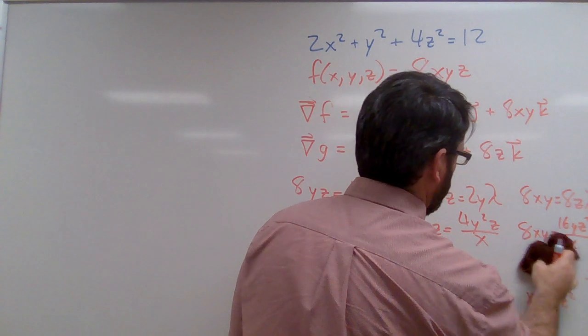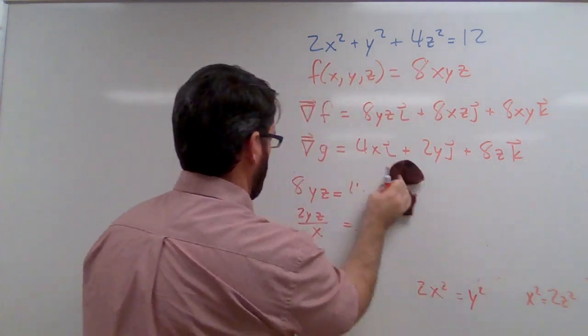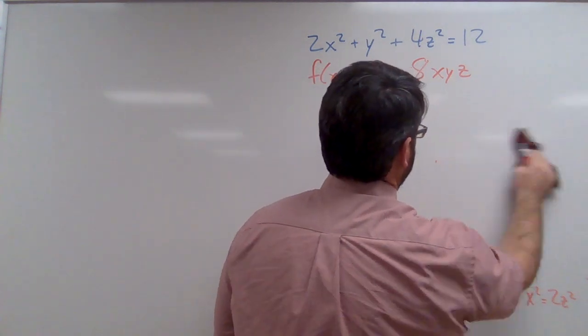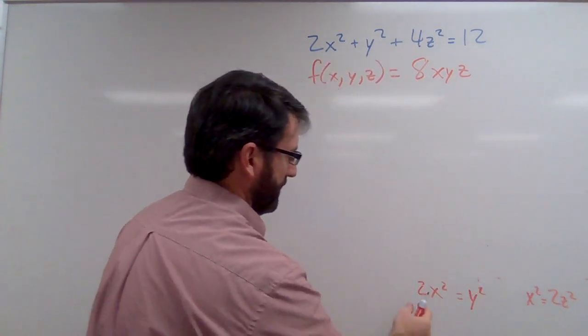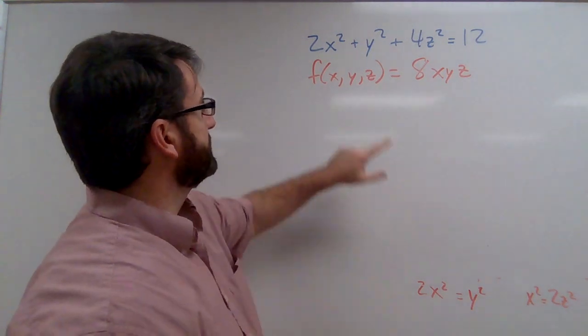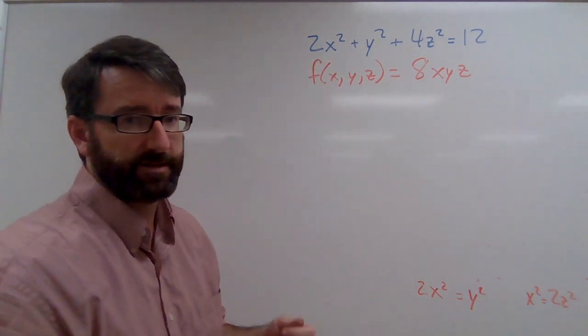All right. So now we can use these values. I'm going to erase everything up to here. Now we've found these relationships between x and y and x and z, and we're going to plug that into our constraint up here.